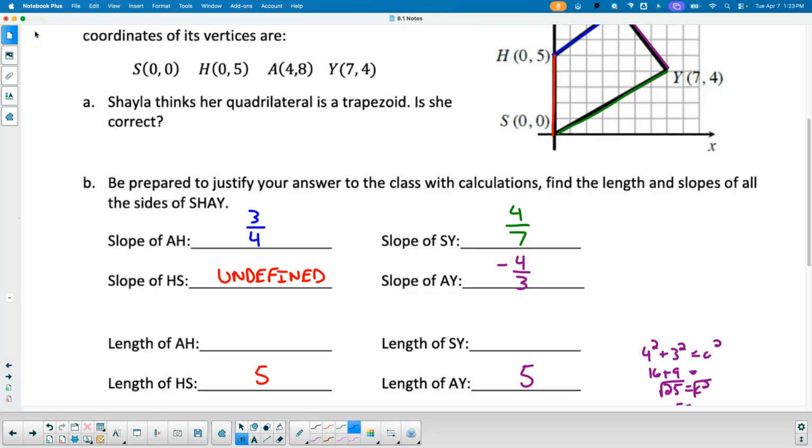Anybody come up with the length of AH? 5? I would agree with 5 there. Anybody come up with the length of SY? Square root of 65? 49 plus 16 is 65, yes. I went 28, I don't know why I went 28 there.